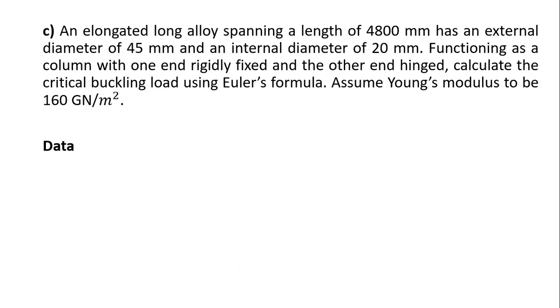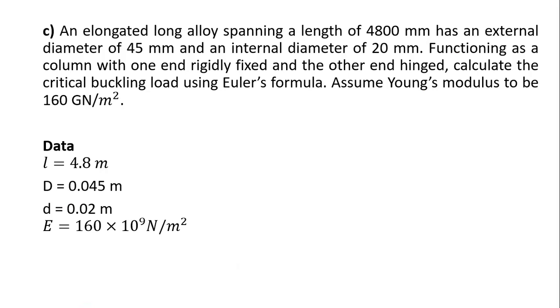Let's pick out the information given. First, the data. The length of the whole section is 4.8. The diameter of this alloy member is 45 millimeters, which when you convert, you divide by 1,000. That's why you see we've written 0.045.